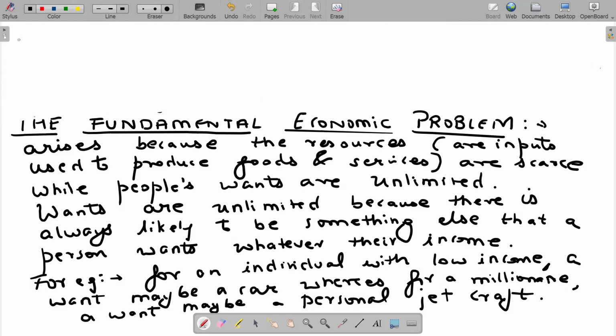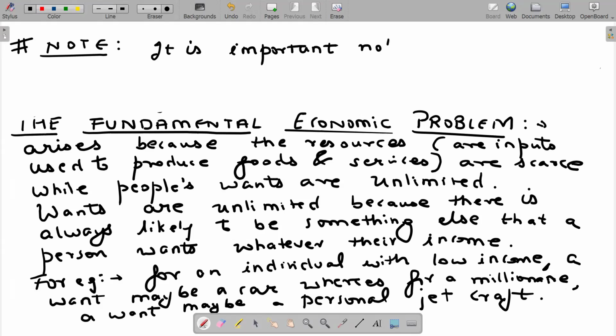I can write a note that it is important not to confuse wants and needs.